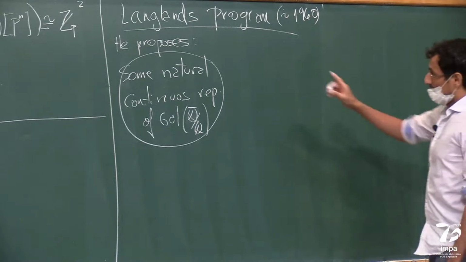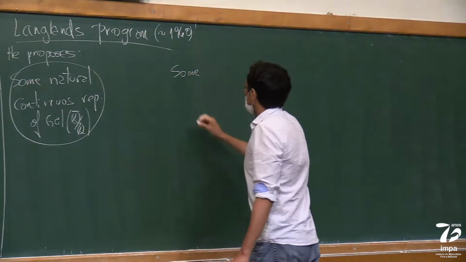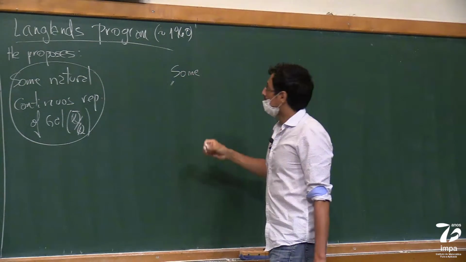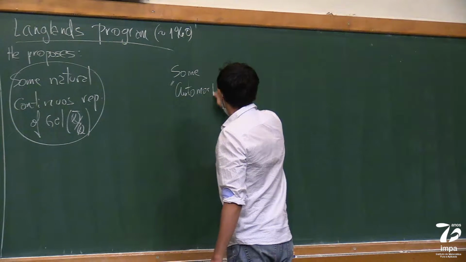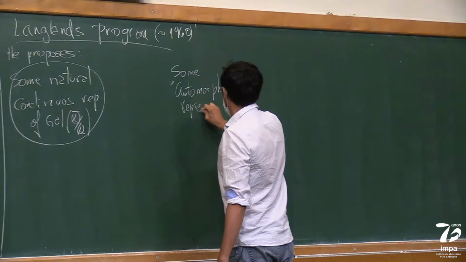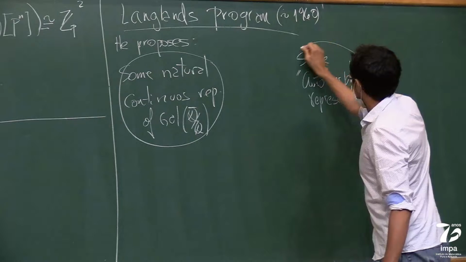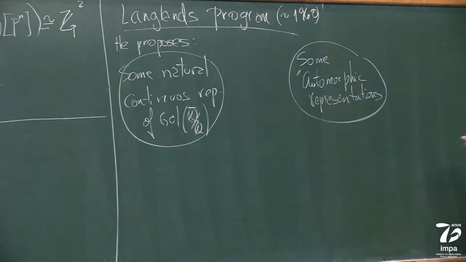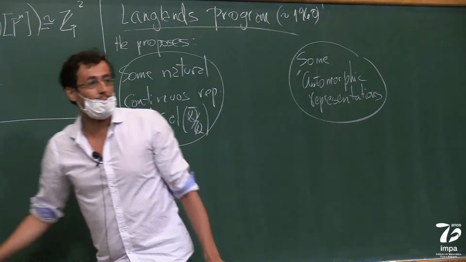And he proposed that they are the same, that here is obscure, but I will come back to it in a few minutes. Automorphic representation. So there are these two worlds, and what Langlands proposed is that there is a bridge between both.